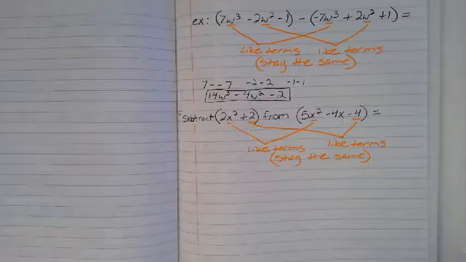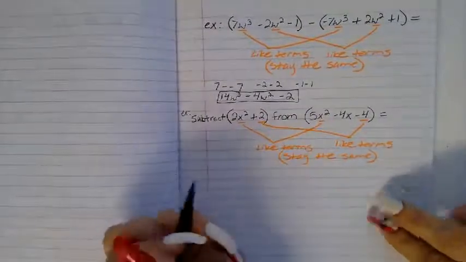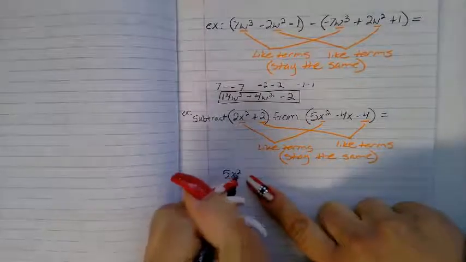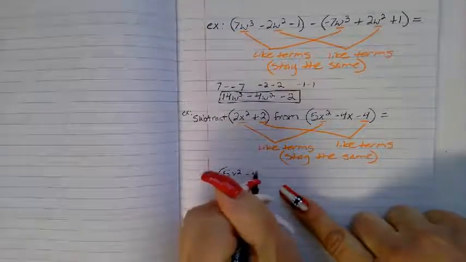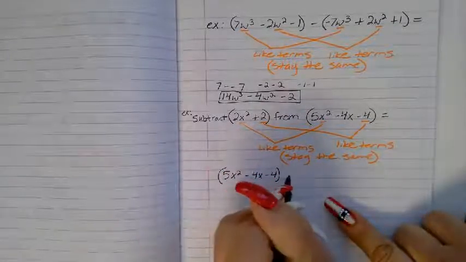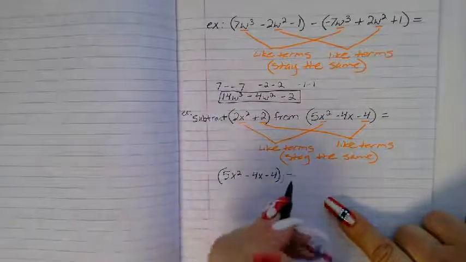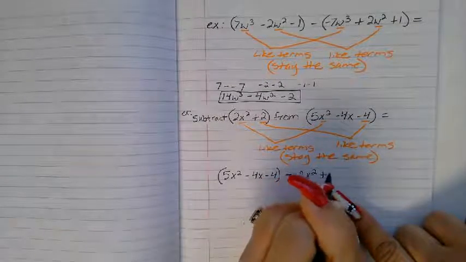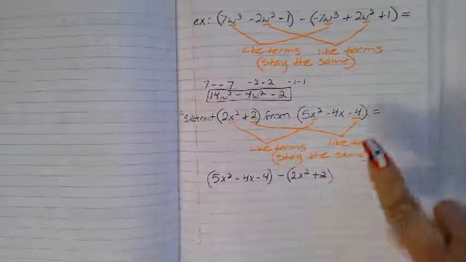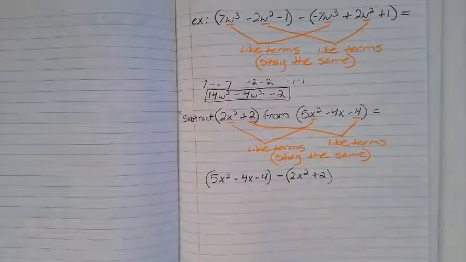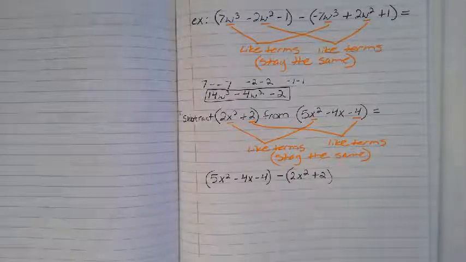If I'm going to rewrite it, it's going to look like 5x squared minus 4x minus 4, and we're subtracting. It tells us to subtract, so that's where that comes from. And then we have our 2x squared plus 2. So when you see it like this in your assignment this week, rewrite it like that, and then you can solve it. So go ahead and do that.